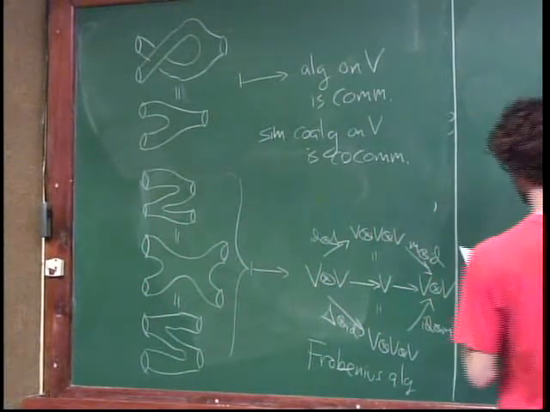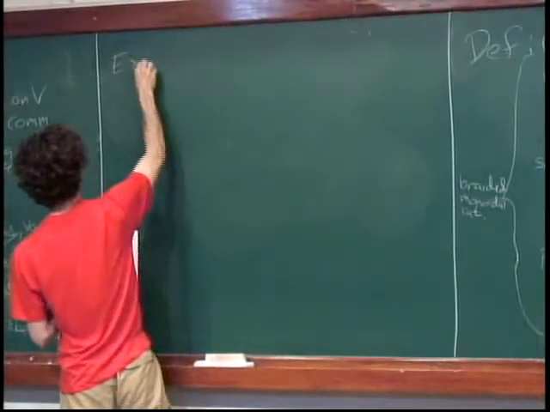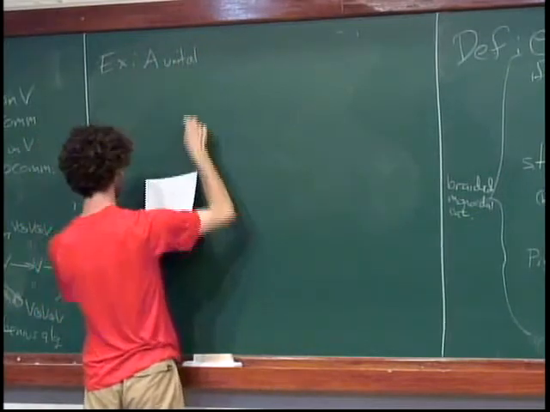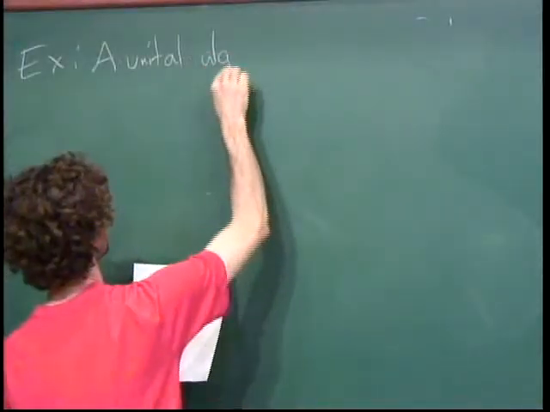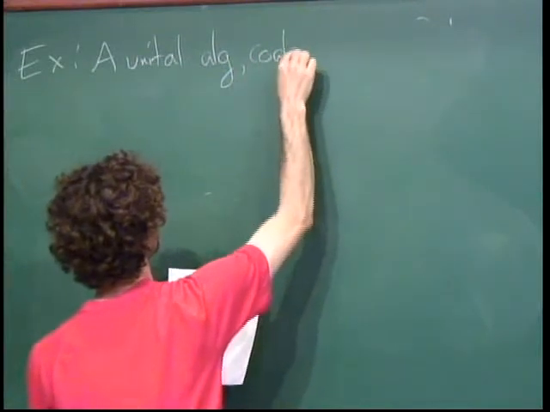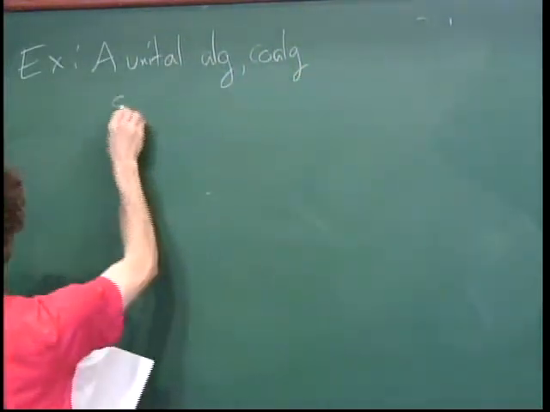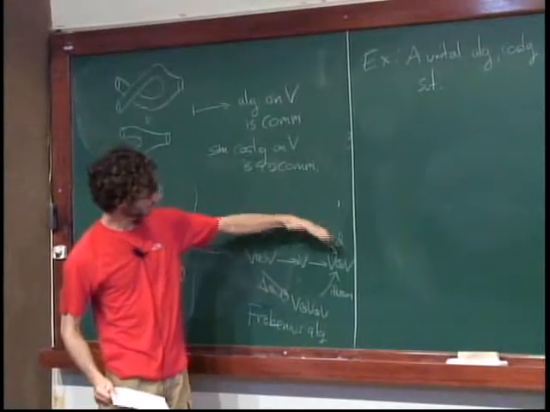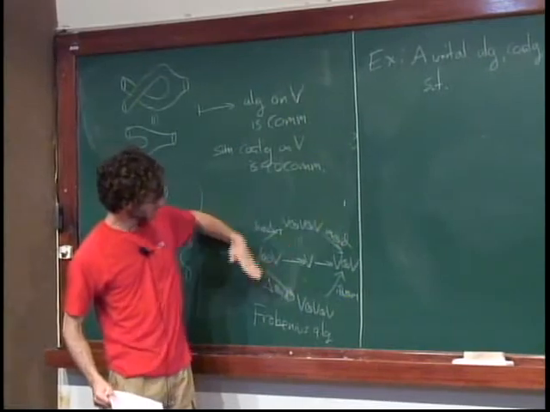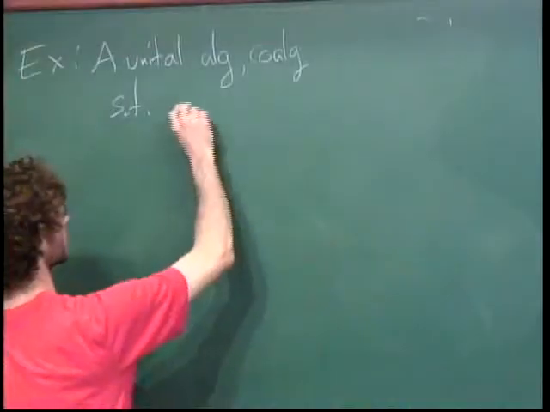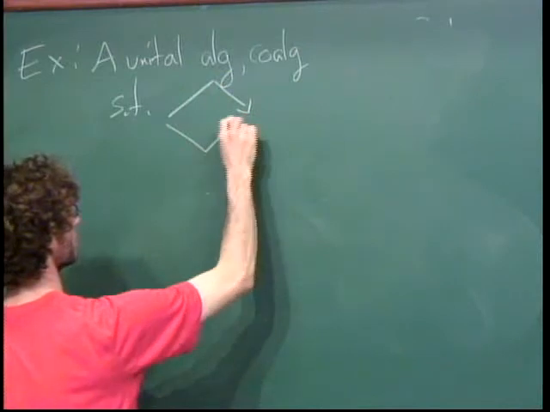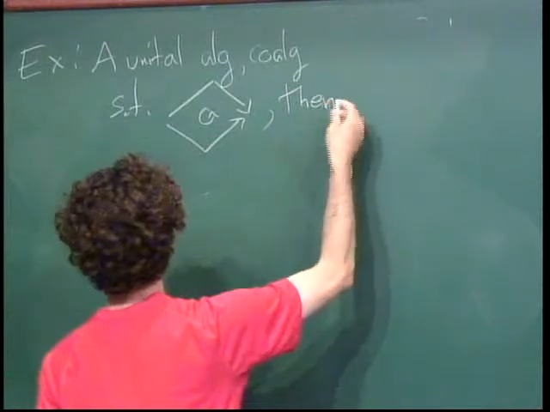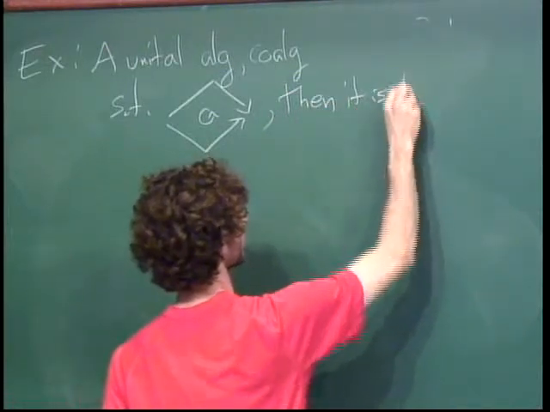Okay, so a small exercise. Suppose you have a unital algebra that's also a coalgebra, and it satisfies not the whole Frobenius condition, but it just satisfies this top composite is equal to the bottom composite, so such that that composite is equal to that composite, then show that it is actually Frobenius.